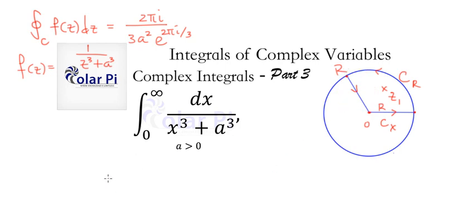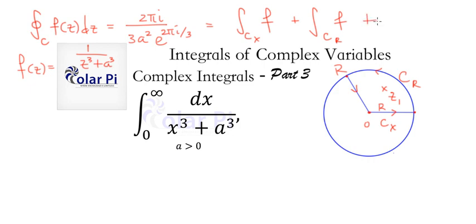All right. So now we're going to say that the integral over the closed contour is the same as the integral over CX plus the integral over CR of f, and it's f of z dz, but I'll just write f.